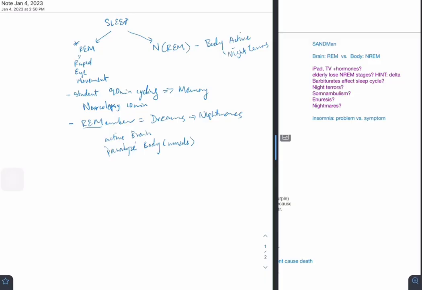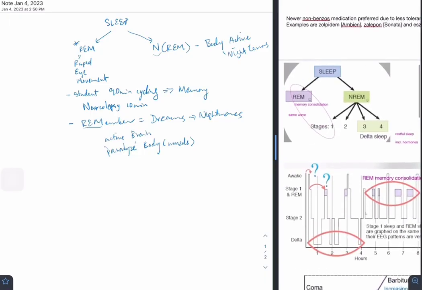They are in non-REM sleep, with the letter N, non-REM sleep. How about sleepwalking? That's a physical activity, right? And they are sleeping. They don't know what happened. So these people are in non-REM sleep.